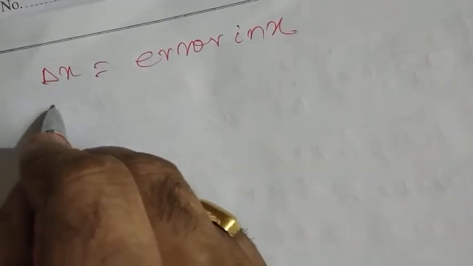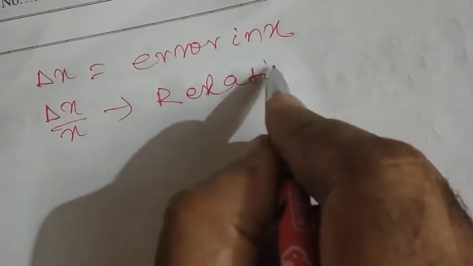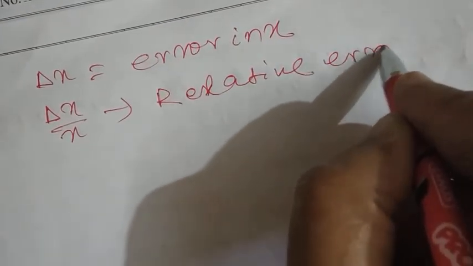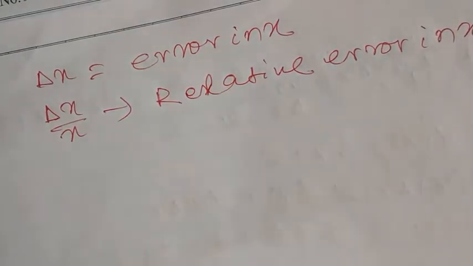Now here, delta x is the error in x, that is the measured error. Delta x by x, what? Relative error in x. Why called relative? When x is measured, delta x is the error.